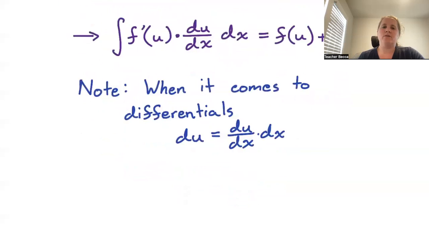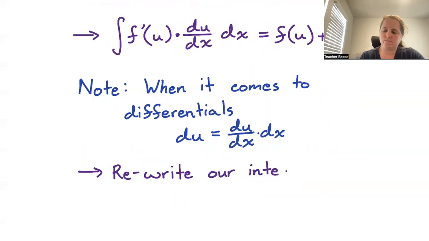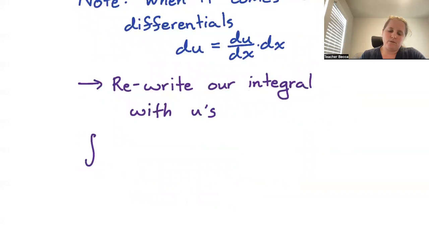And so what we can do is rewrite our integral entirely in u. So we have the integral of f prime of u du dx times dx.